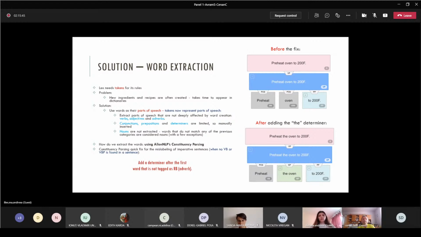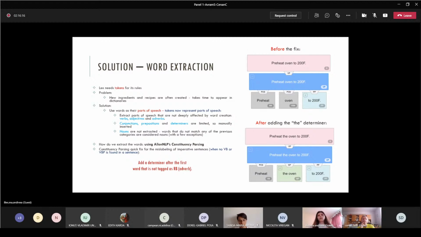But there is a problem with the constituency parser, because usually models are not trained with many imperative sentences, and recipes use imperative sentences. I noticed that sometimes it would not tag a verb at all. The VB tag or VBP tag was missing. In these cases, I could actually fix the model by adding a determiner after the first tag that was different from adverb.